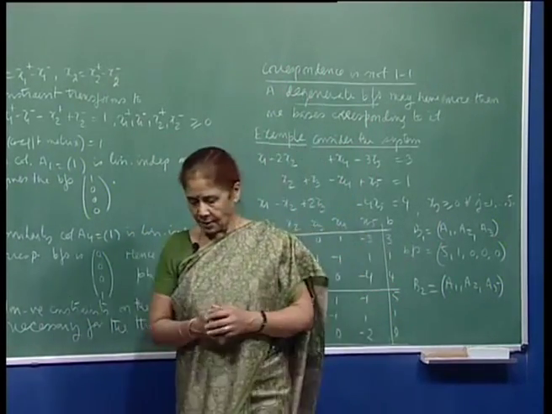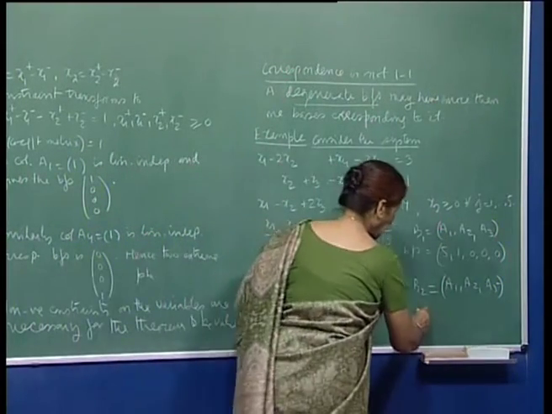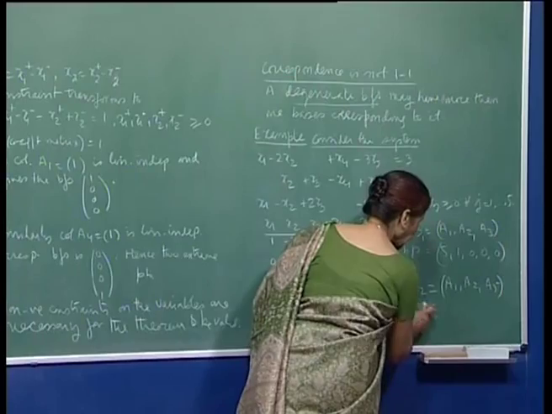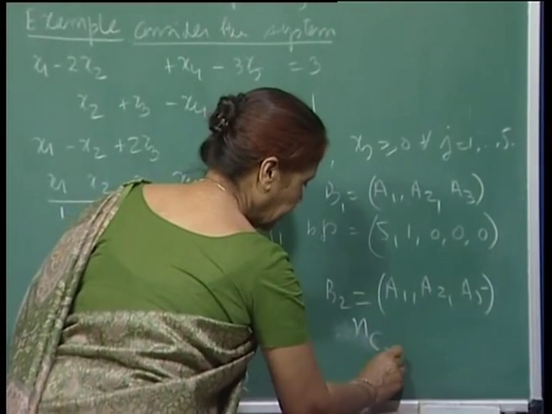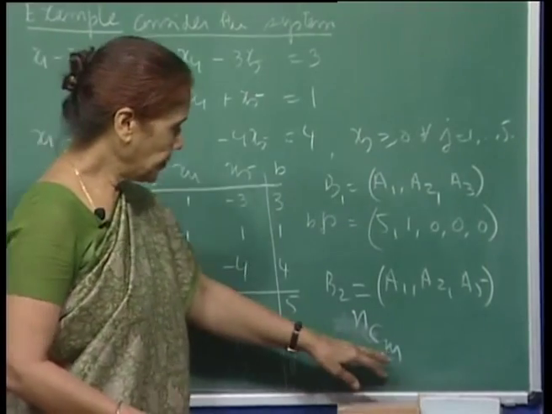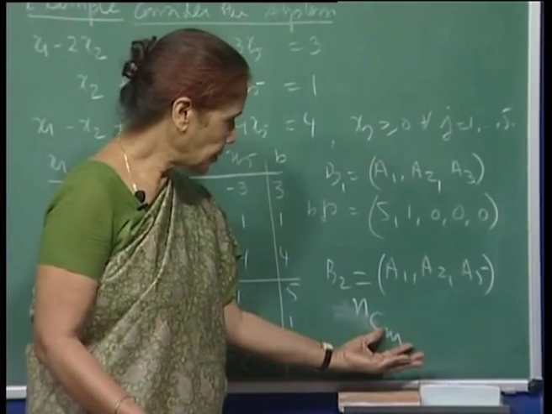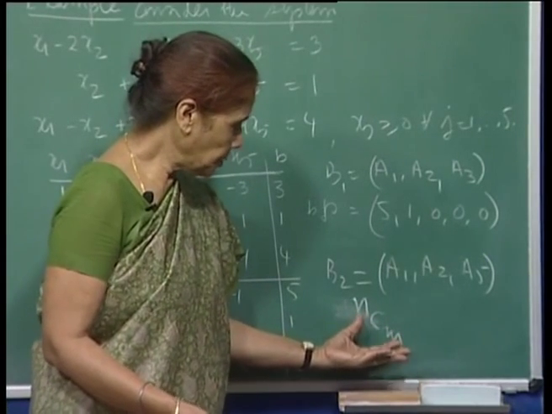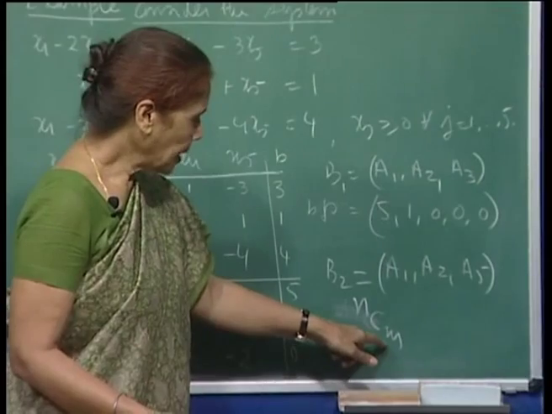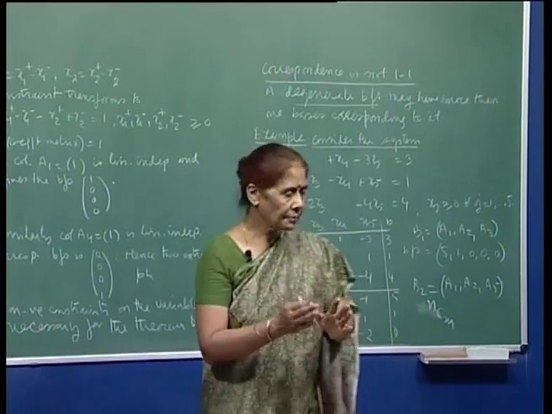Essentially I had told you that there is an upper bound, which would be nCm, right. That means if the rank of the matrix A is m, then you choose m columns for forming a basis, and so the upper bound on the number of bases will be nCm, because out of the n columns you want to choose m columns.